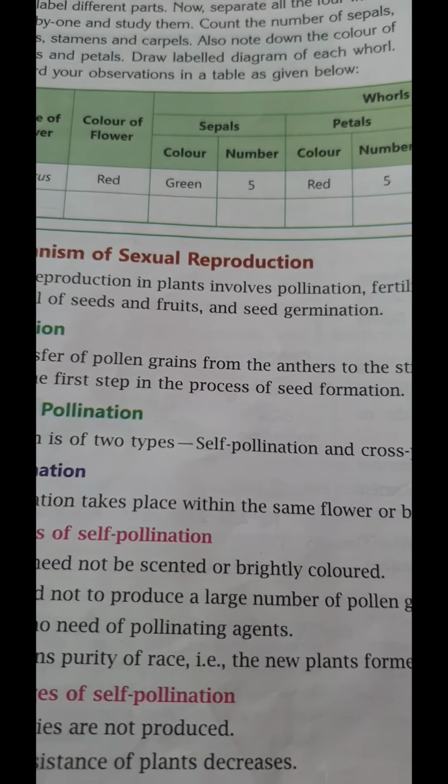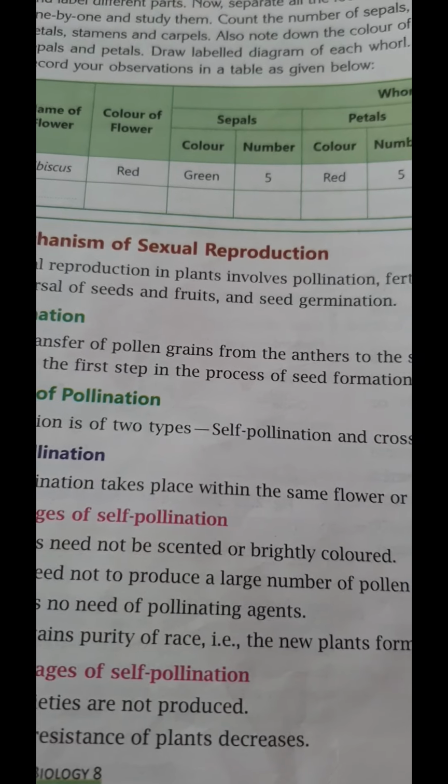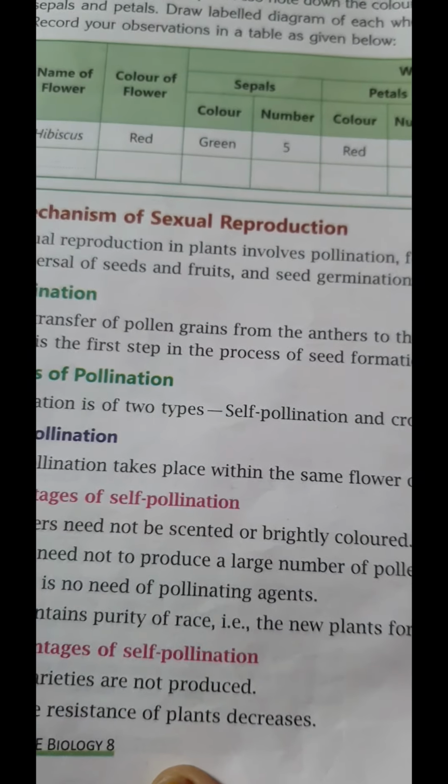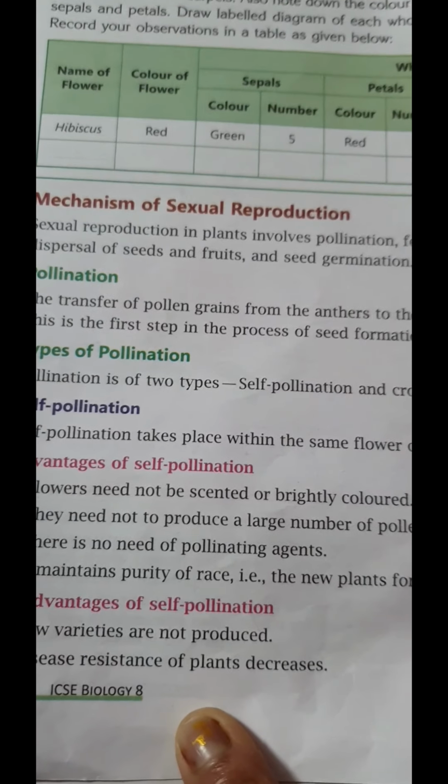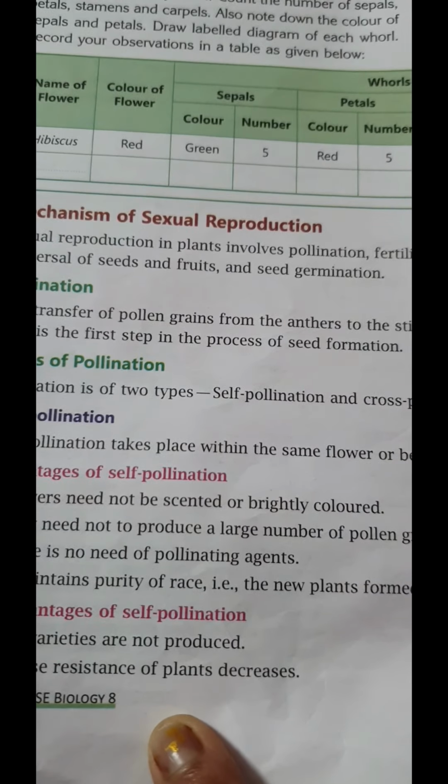In this process, the matured pollen grains are transferred from the anther to the stigma for the purpose of sexual reproduction in flowering plants.